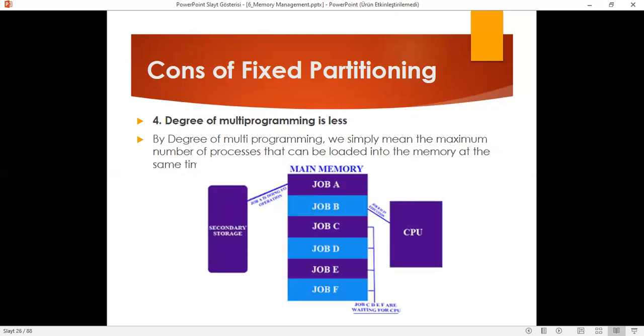And the degree of multiprogramming is less, because if we can arrange any other mechanism to put more processes in the memory, it will increment my degree of multiprogramming. So if I can put 5 processes instead of 4, degree of multiprogramming will increment and CPU utilization will increment. So these are the disadvantages.